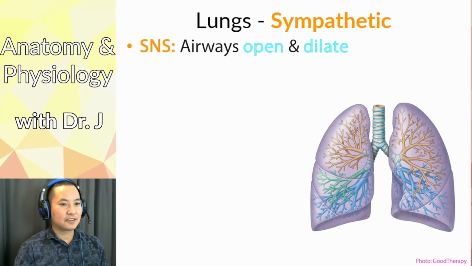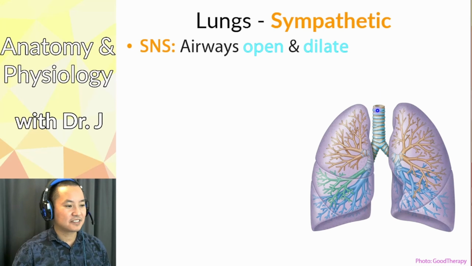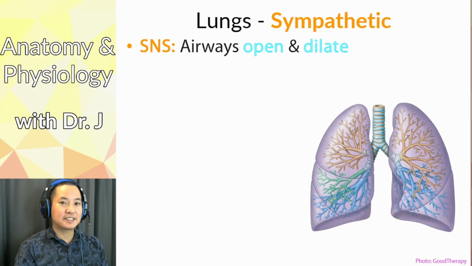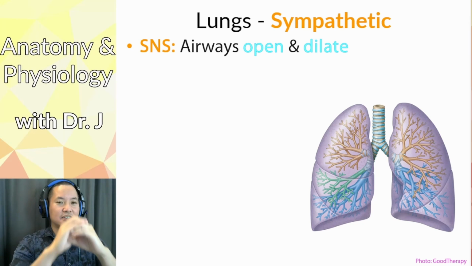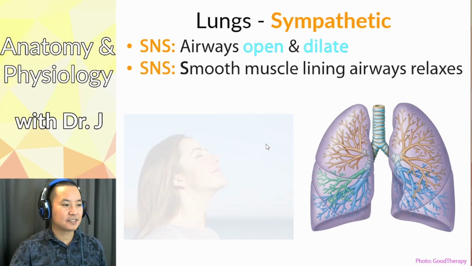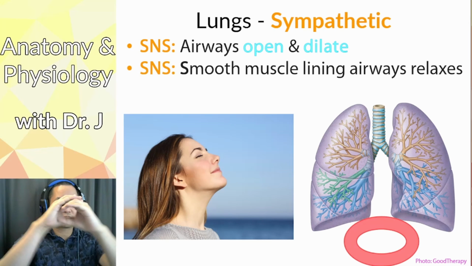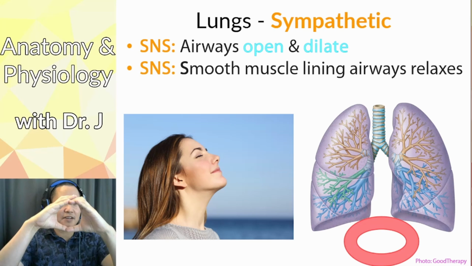So what happens is that your airways, and there are many airways, start off big and then branch out into smaller and smaller airways. These airways inside your lung are lined with smooth muscle, and remember, when muscle contracts, it shortens, right? So if you have a ring of smooth muscle, what's going to happen if you relax it? Instead of constricting, it's going to dilate and open up.